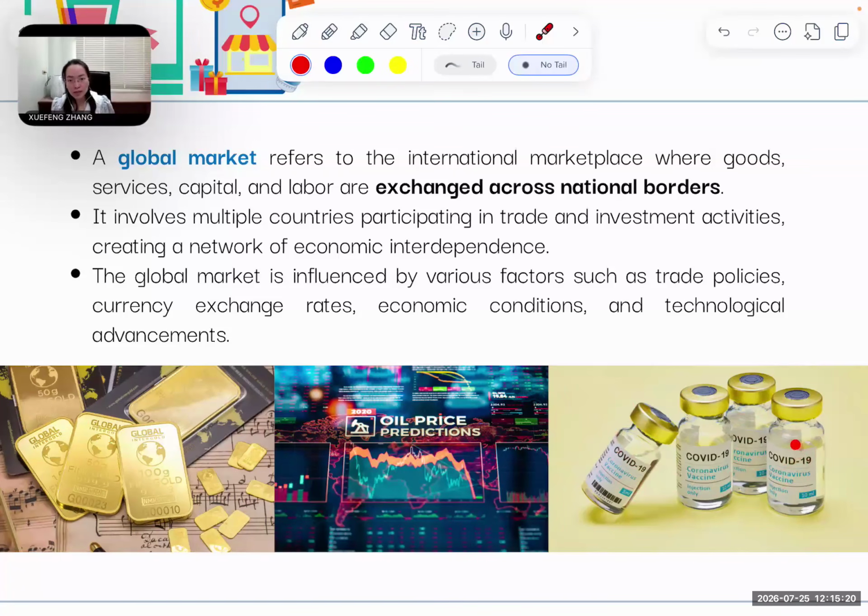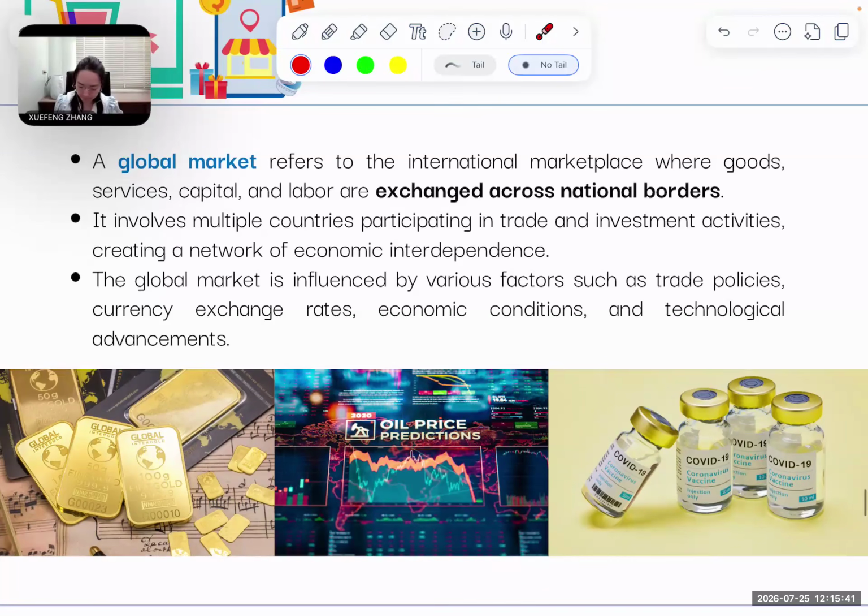COVID vaccines, right? During the pandemic, rich countries bought up the supply first, leaving poor countries waiting. That's a global market in action. Prices and access decided far beyond any one country's borders. Okay, so the slide says global markets are shaped by trade policy.